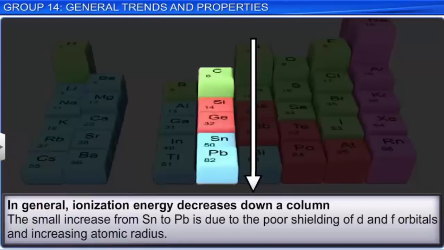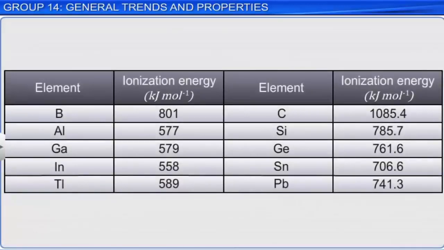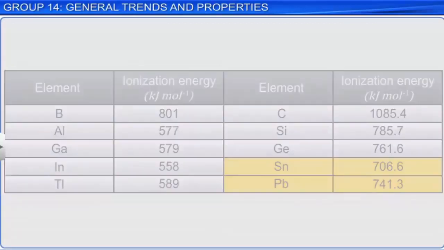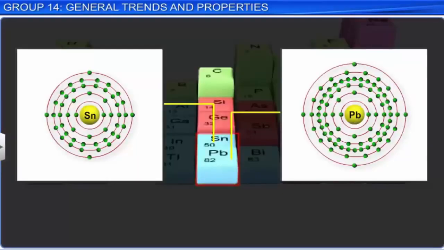Generally, this is true for the group 14 elements. But notice the small increase from tin to lead. This is due to the poor shielding provided by the d and f electrons, along with the increasing atomic radius.